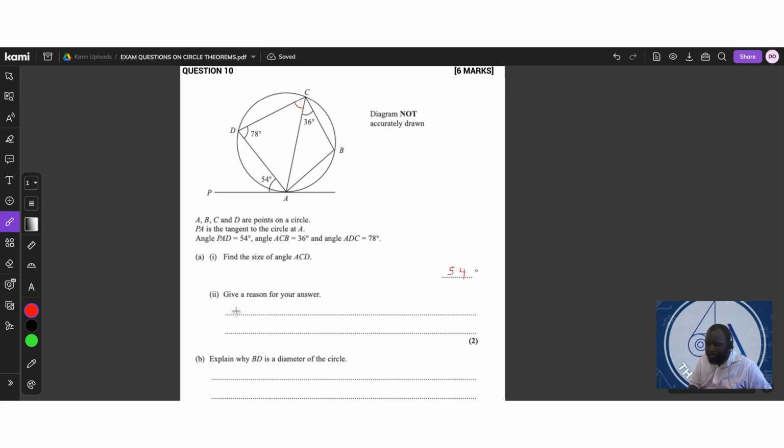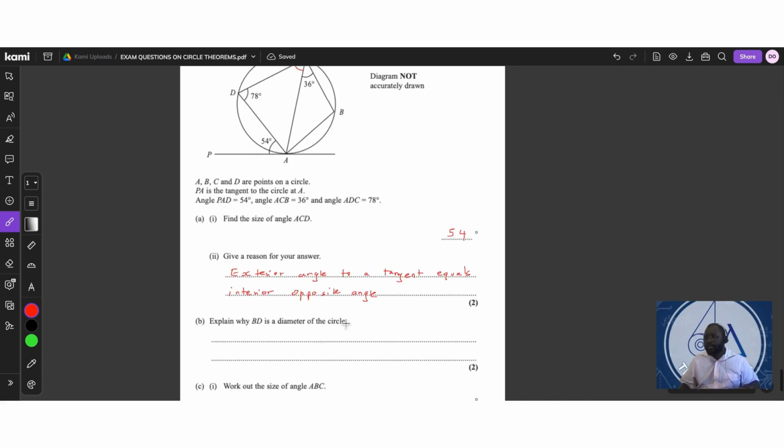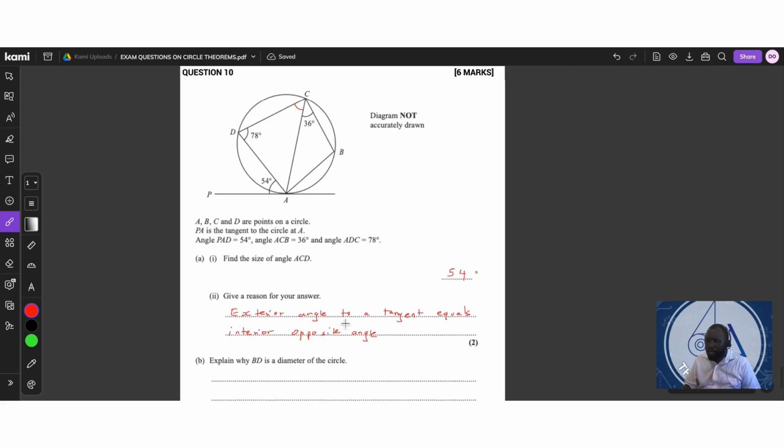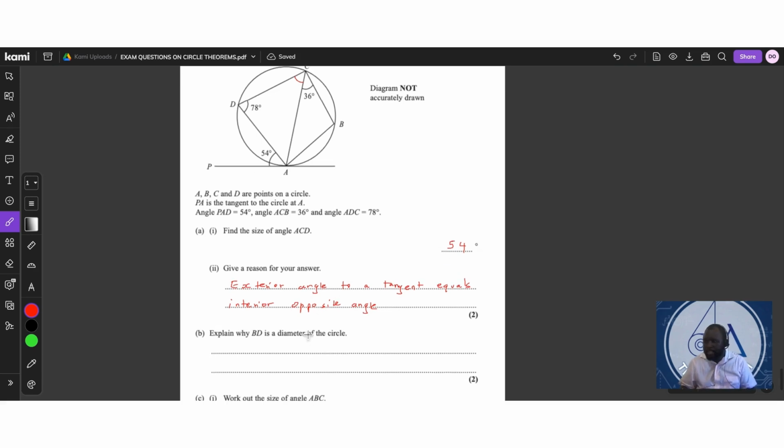And we say that exterior angle to a tangent equals interior opposite angle. Then we are told to explain why BD is a diameter.